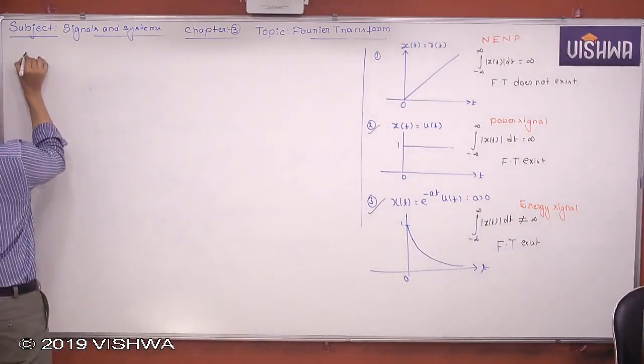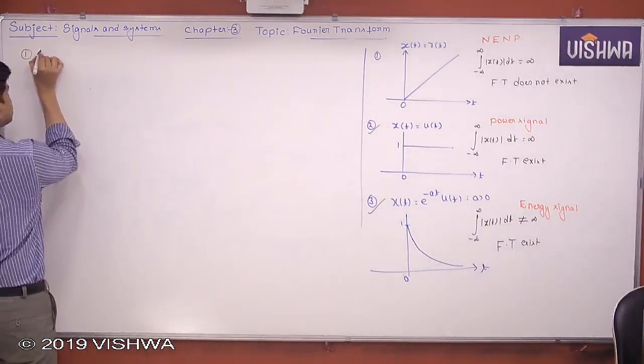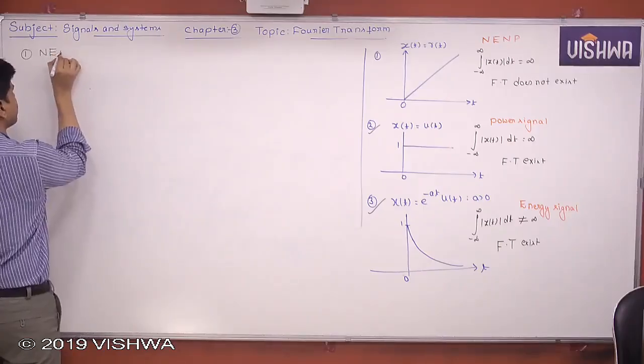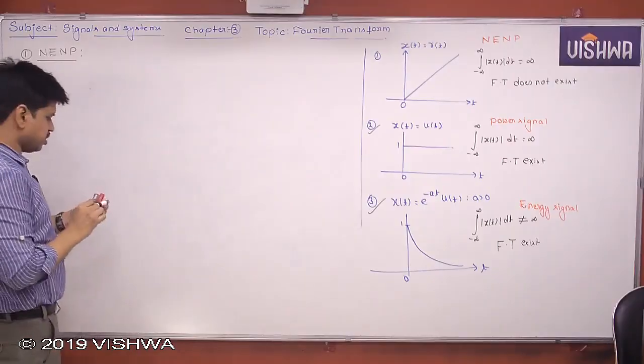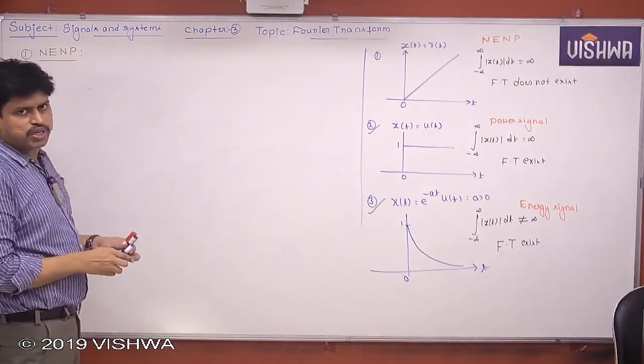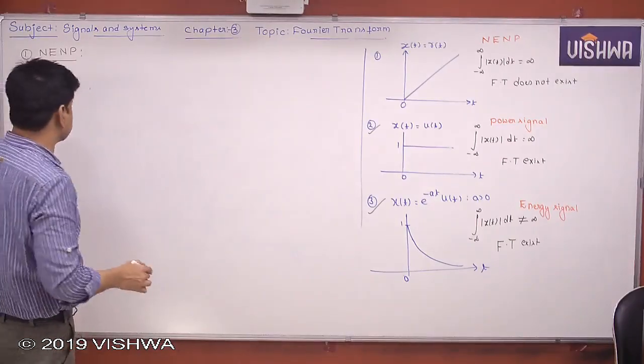First one, neither energy nor power signal. So I can directly say for all unbounded signals, the Fourier transform does not exist.